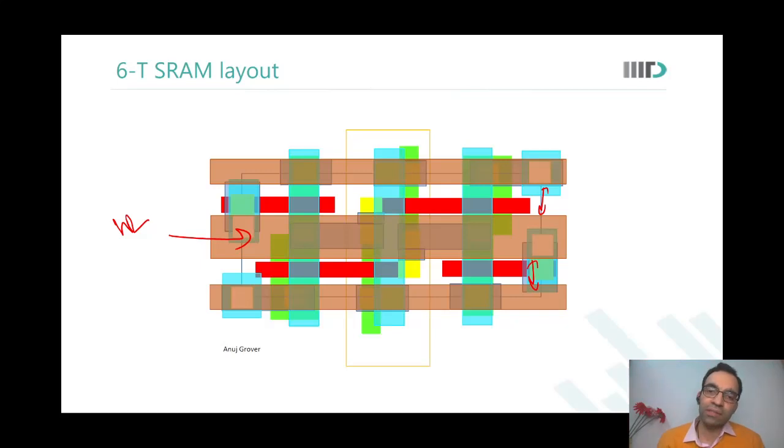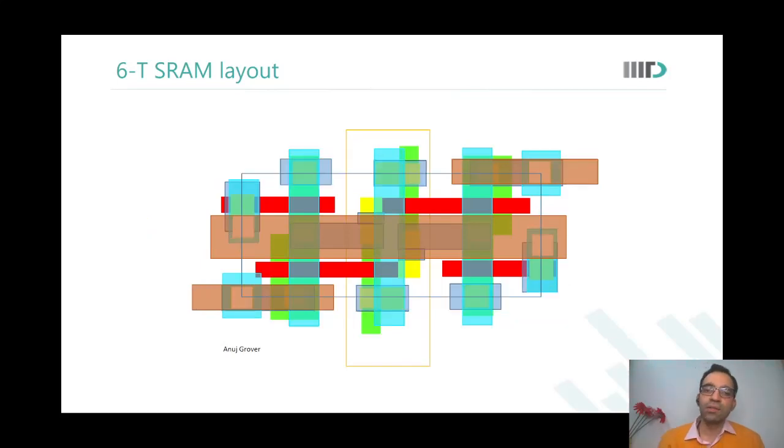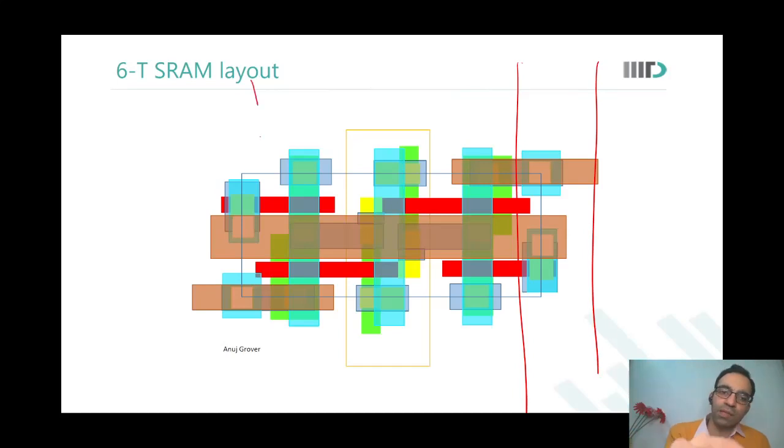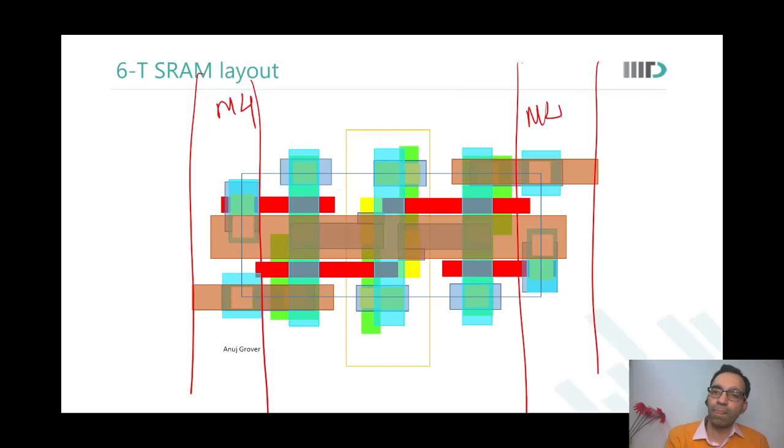So my word line capacitance increases very significantly. This is not what we like. So what we do is we actually cut the ground rails. And we say that we will overrun the memory cell with metal 4 rails, through which we will drop ground connections over here.